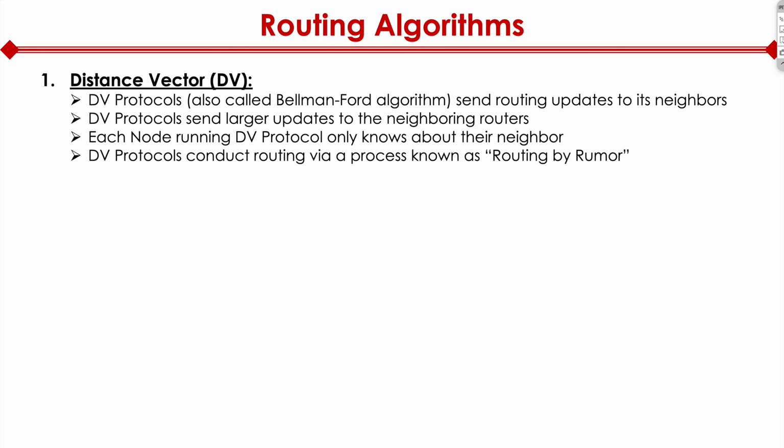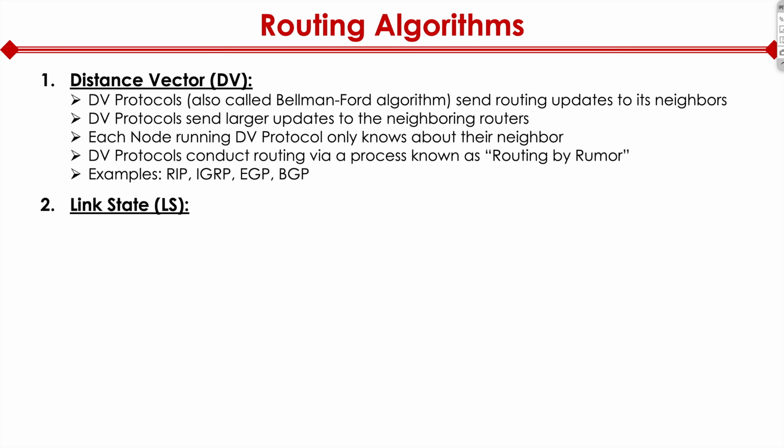So what that means is, if the neighbor is advertising false information, we'll accept it, because that's what routing by rumor means. If it's a rumor, it's a rumor. We don't know any better. Because our neighbor is saying it's truth, we'll assume it's true, and we'll advertise that information to the rest of the environment. Examples include RIP, IGRP, EGP, and BGP.